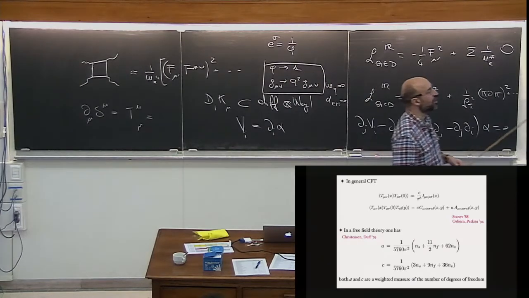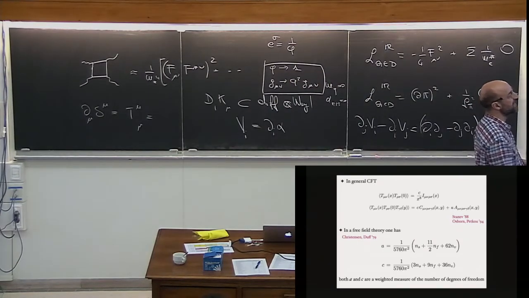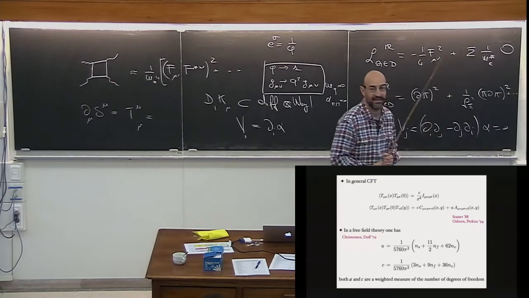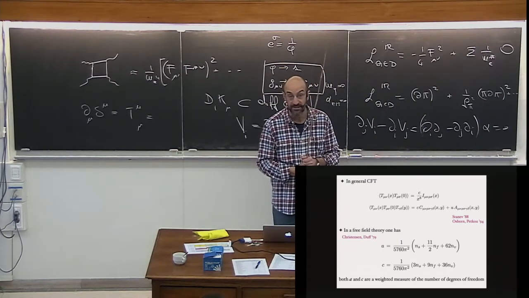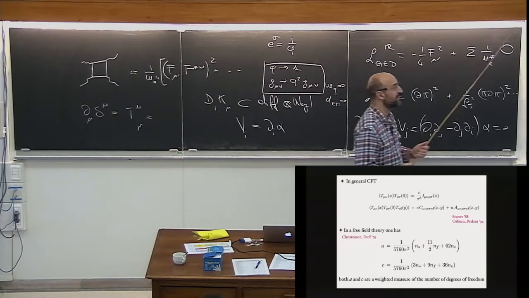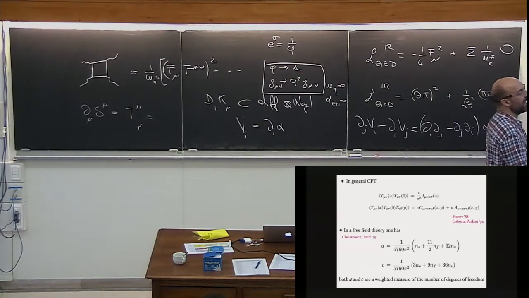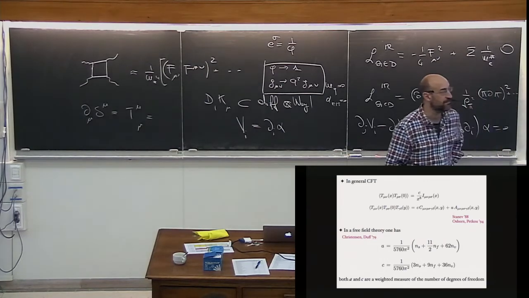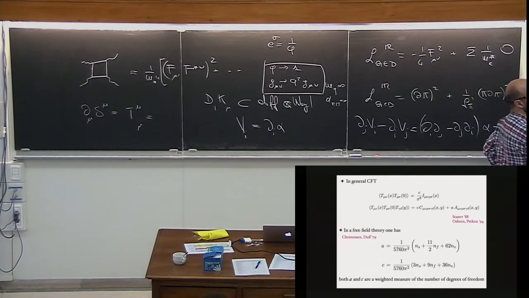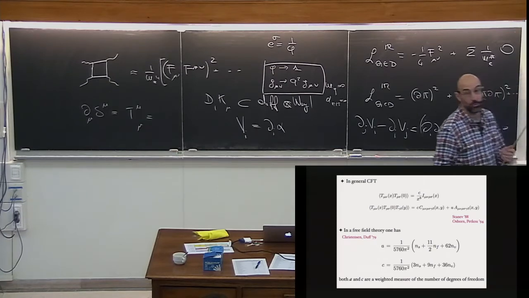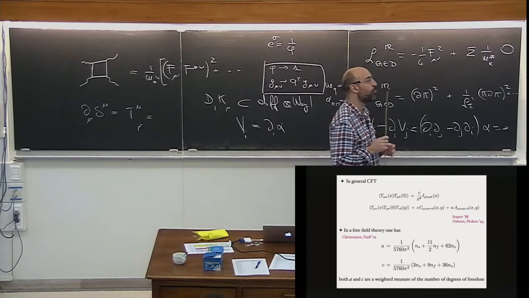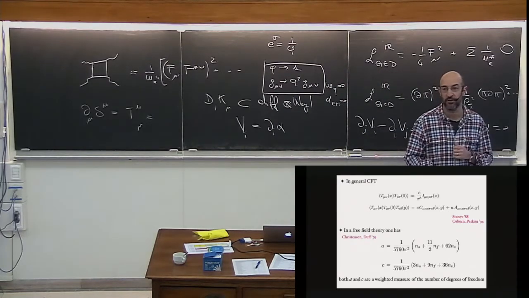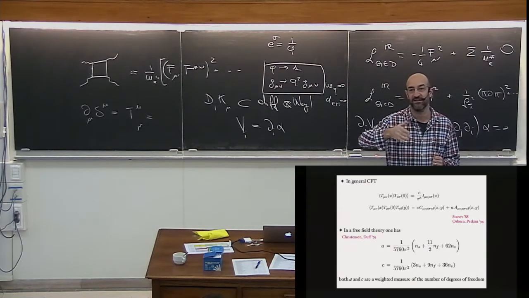And it may be interesting to know what these A and C are in the theories that we know best and that we use most, that is to say, free field theory. They have this form. If you see, they basically count the number of degrees of freedom, scalars, fermions, and vectors, with a given weight. So they are a weighted measure of the number of degrees of freedom. It's not just the number of scalars plus the number of vectors.